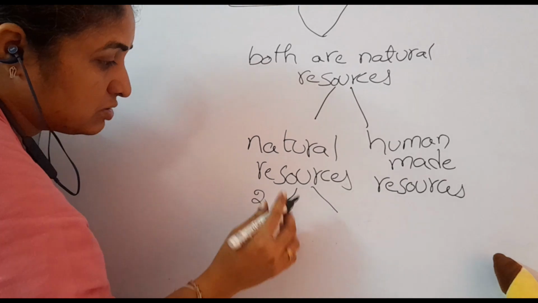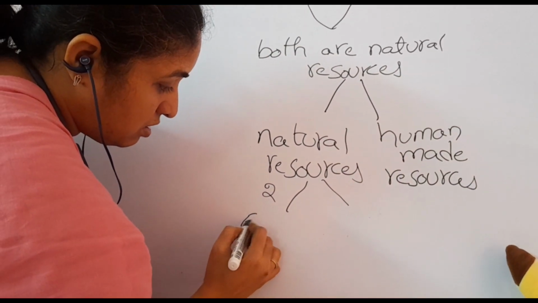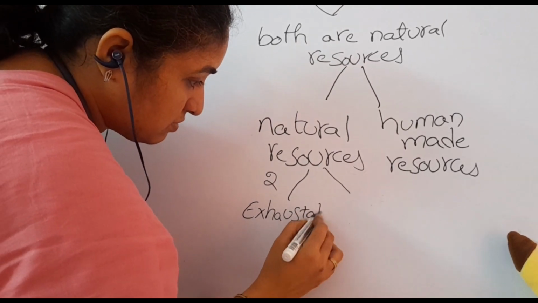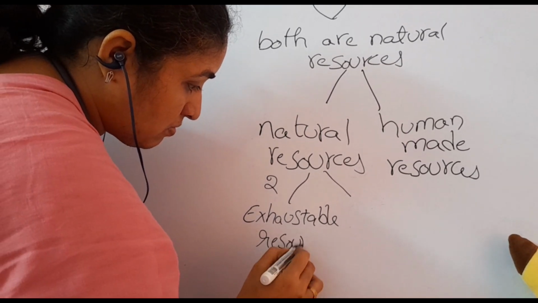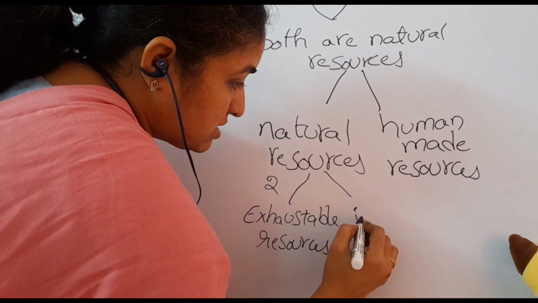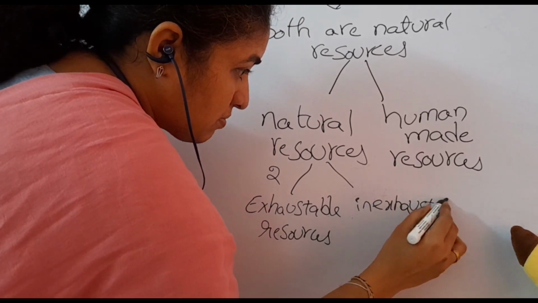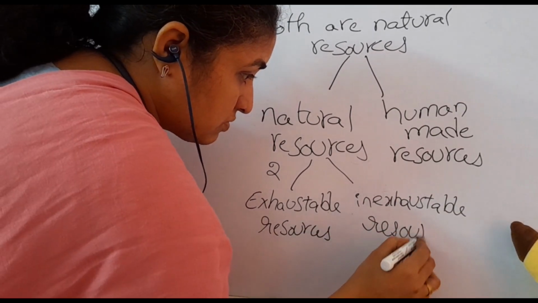How many types? Two types of natural resources: exhaustible resources and inexhaustible resources.